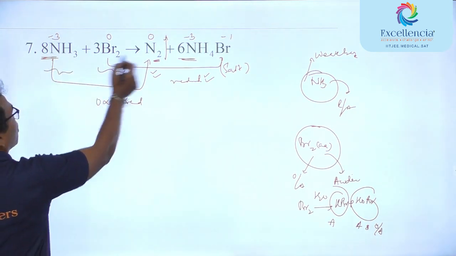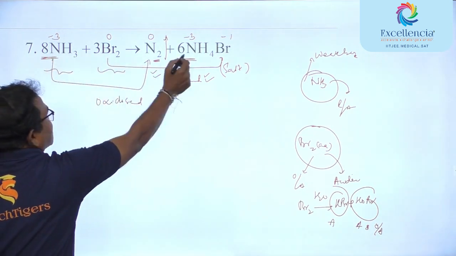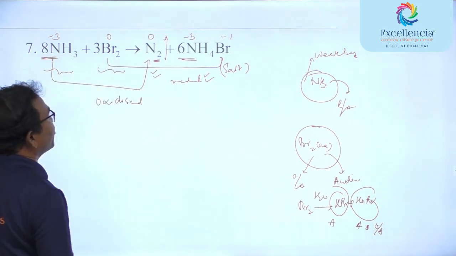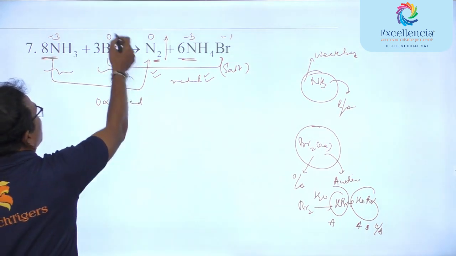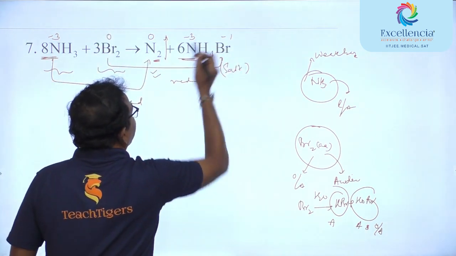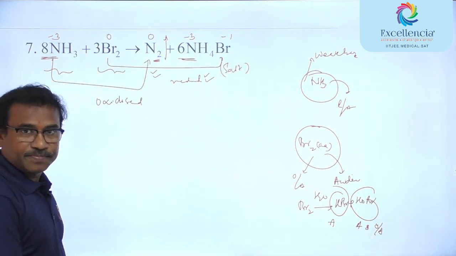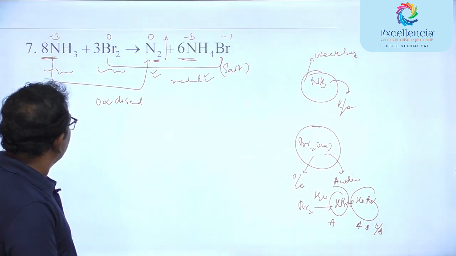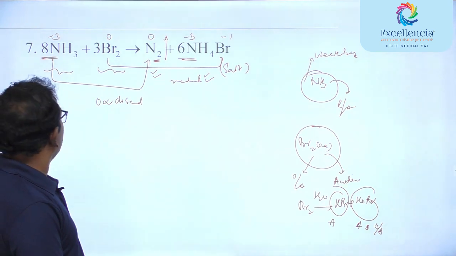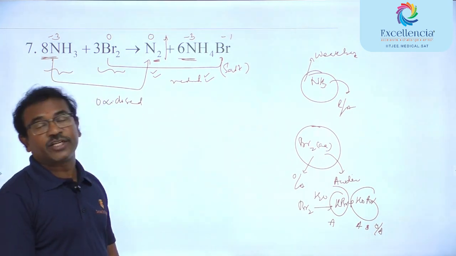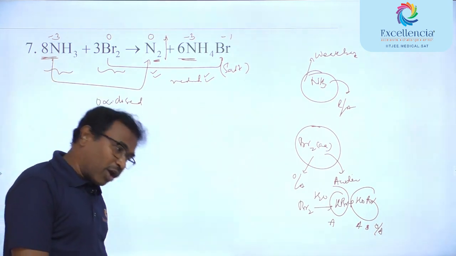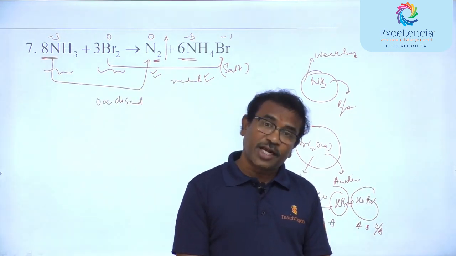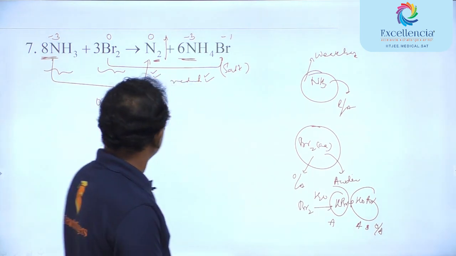So these 2 got oxidized and the remaining 6 retain the oxidation number -3. However, bromine we have 6, and all 6 bromines got reduced to -1. So how do we understand this reaction? One thing is sure, that there is a redox reaction involved. Now we have to explore, along with the redox reaction, whether there is any nucleation reaction or not. So let us understand this more clearly.